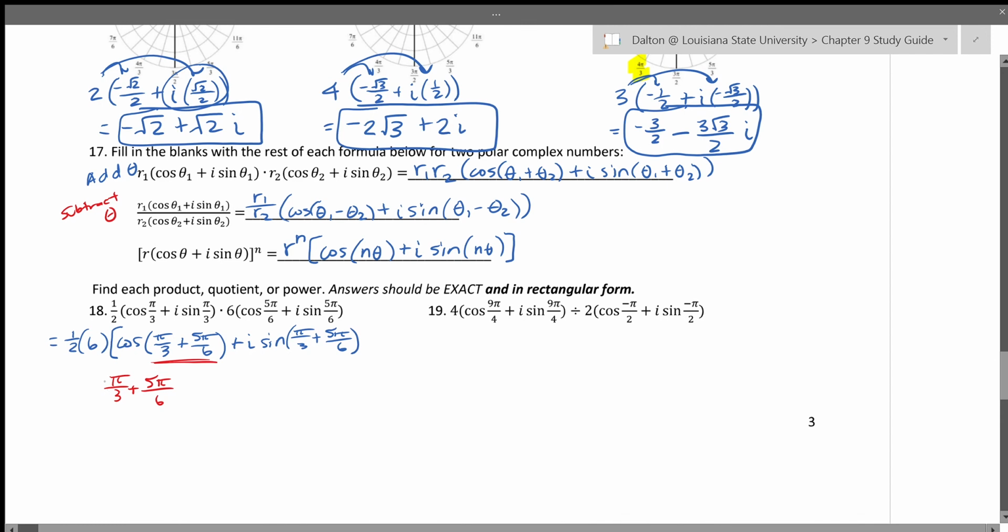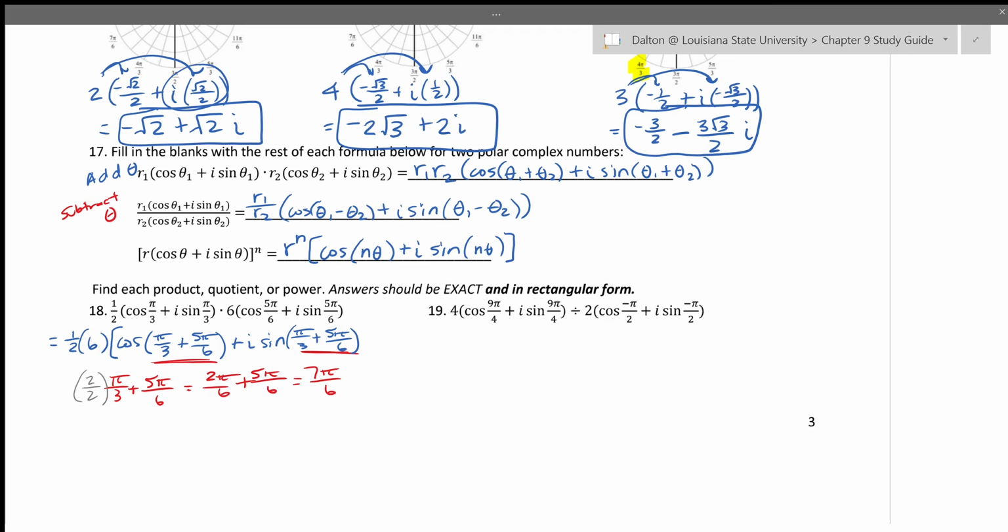If I multiply this 1/3 to get the common denominator, I'm going to multiply it by 2 over 2, which gives me 2 pi over 6 plus 5 pi over 6. And then 2 pi plus 5 pi is 7 pi all over 6. So now I can rewrite these added angles to be 7 pi over 6 instead.